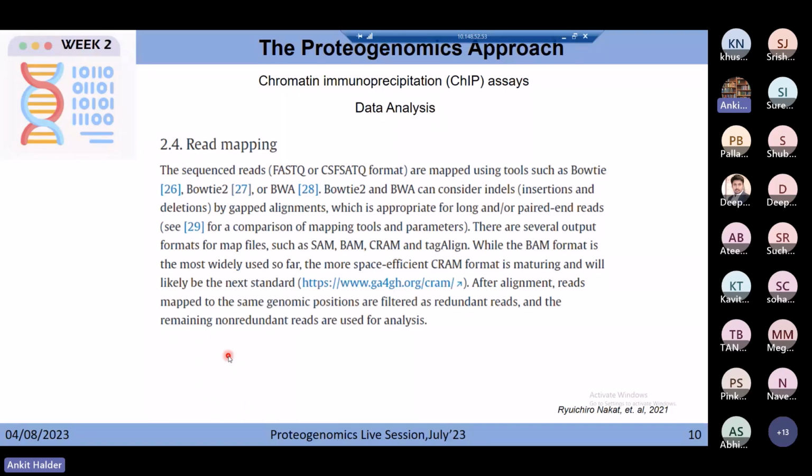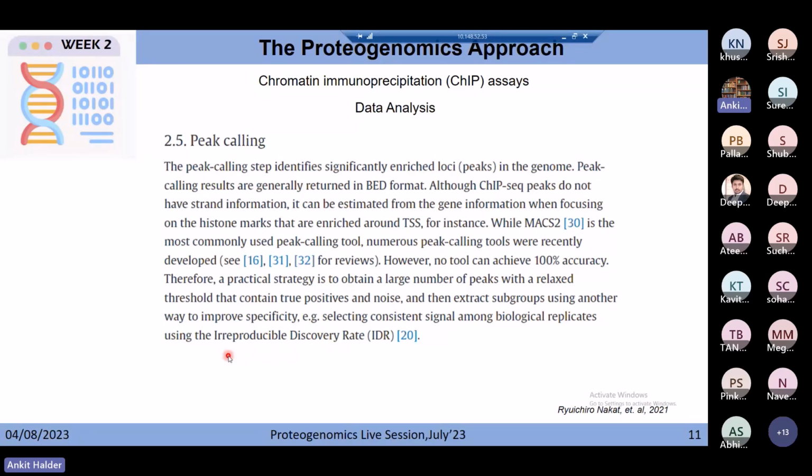Now what is different from a whole genome sequence analysis or a whole exome sequence analysis is that there you will be trying to find out the variants, right? Where are my variants, or where are the particular positions or polymorphisms in the DNA in a disease condition or a different condition from the normal.